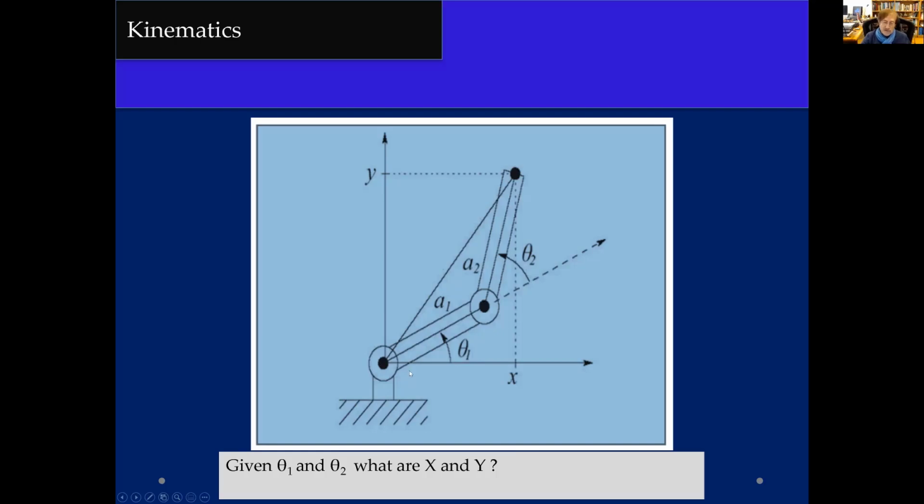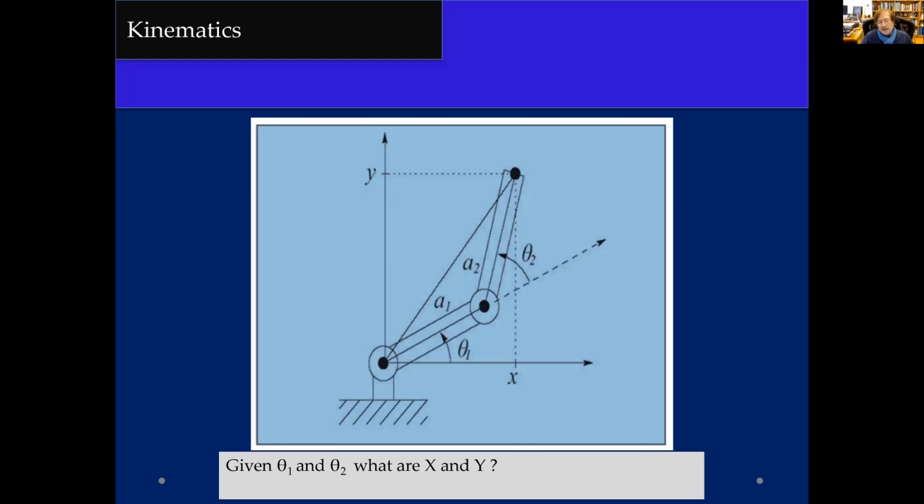So if I know the coordinates of this triangle, I can figure out how they are related to this. Again, I can figure it out with simple geometry. But maybe you can just sense the difficulty which may come when the number of joints and links increase.